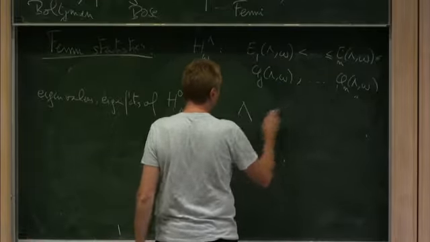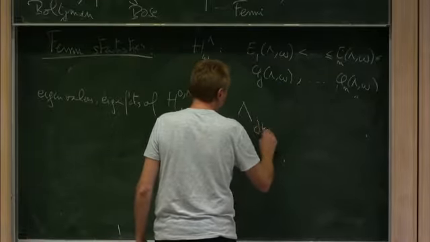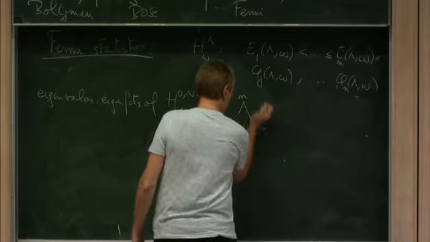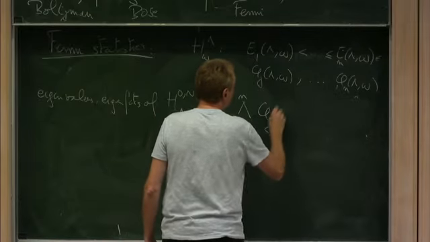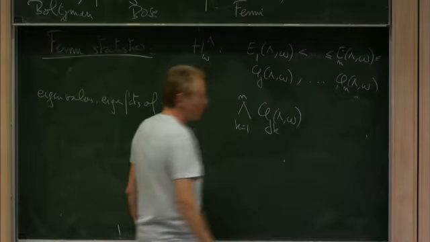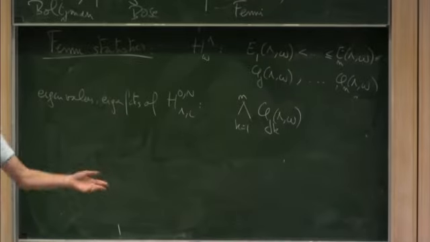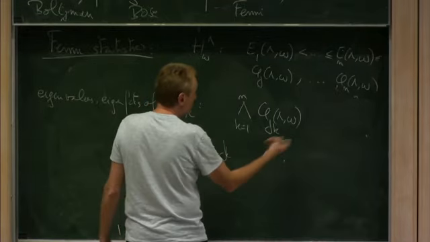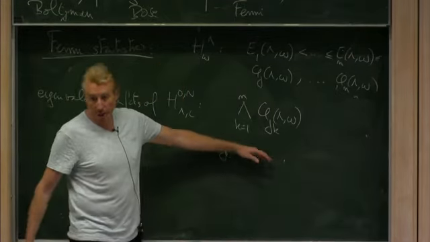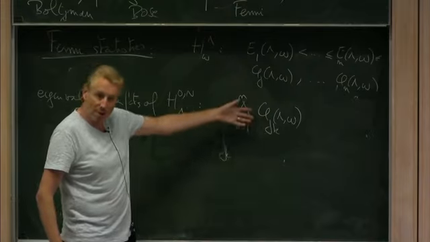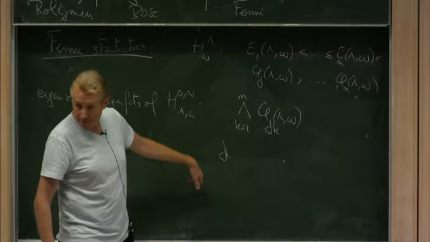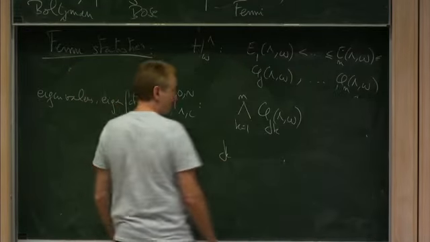So I have n particles, so I choose j_k, k going from 1 to n. I take the antisymmetric tensor product of the phi_{j_k}. For this antisymmetric tensor product to be non-vanishing, since this is supposed to be an eigenfunction, so it's not 0, we know that the indices are two by two distinct, none of the two is the same.